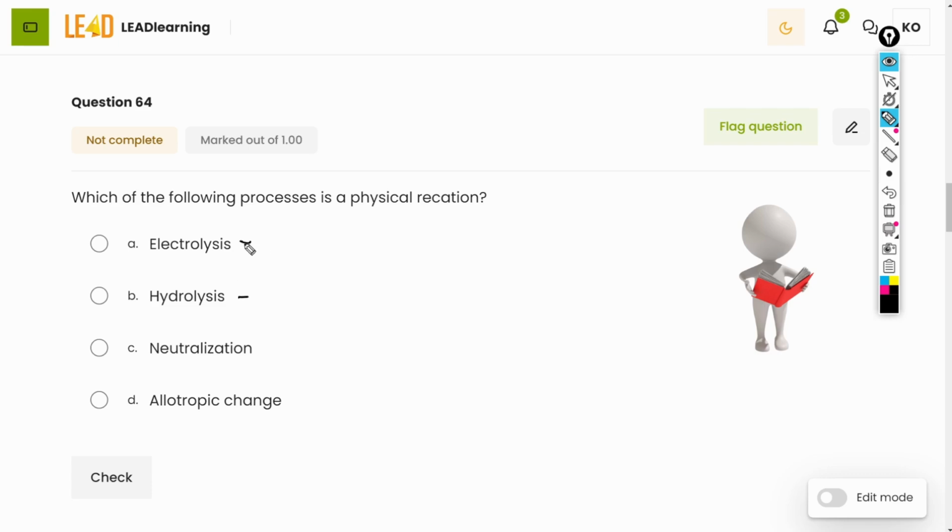Hydrolysis is also a chemical change. It is the splitting of a compound by the use of water to break the bonds between its molecules. And then neutralization is a reaction between an acid and an alkali to form salt and water only. So chemical change.